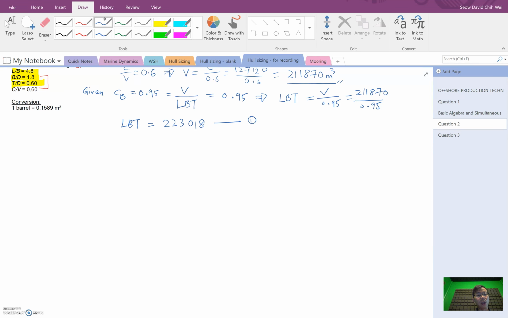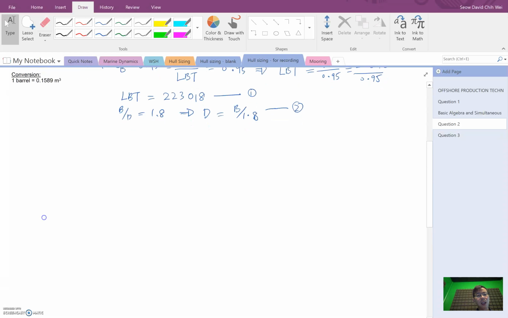Okay, so anyway, let's look at B over D. B over D is equal to 1.8. Rearranging it, I have D equals B over 1.8. I call this equation number 2.